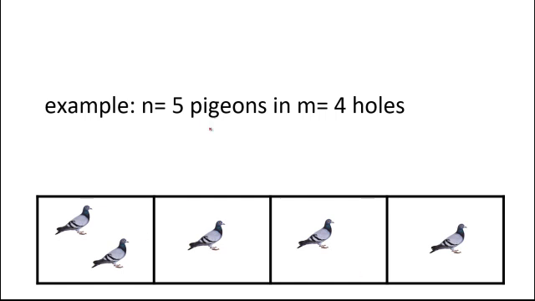So the number of pigeons is greater than the holes, so one container here contains 2 pigeons, because the principle states that if the number of pigeons is greater than the number of holes, then one container or hole must contain 2 pigeons.